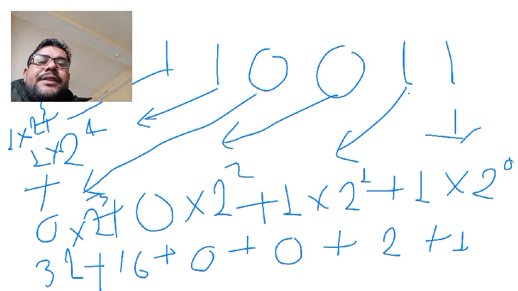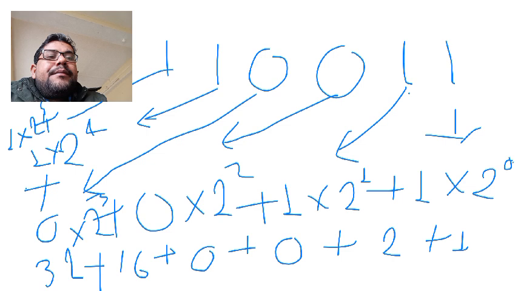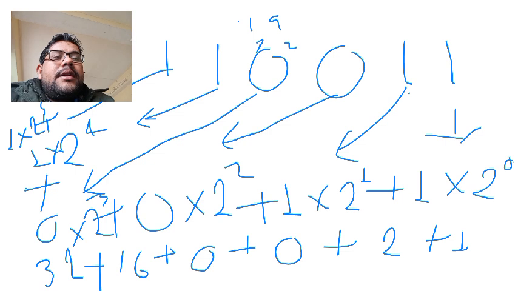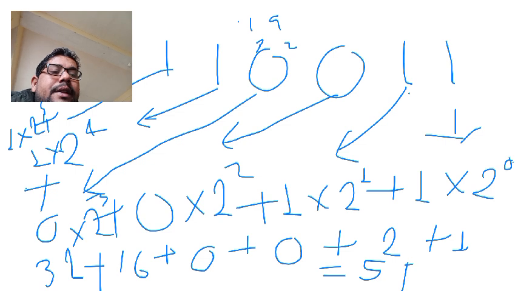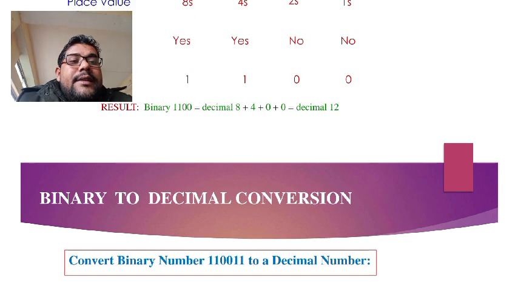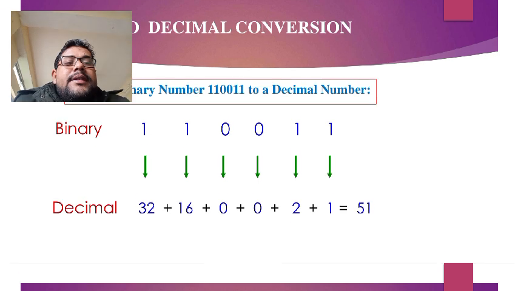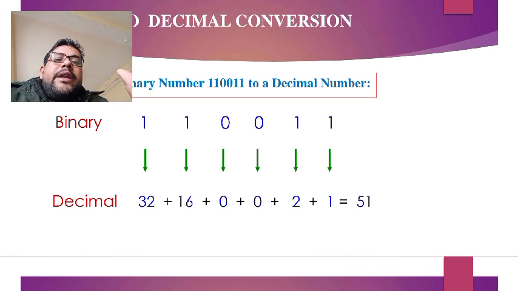Then 19 plus 32 equals 51. This is the decimal number for this binary representation. So we can calculate it this way. This is how the 51 comes.